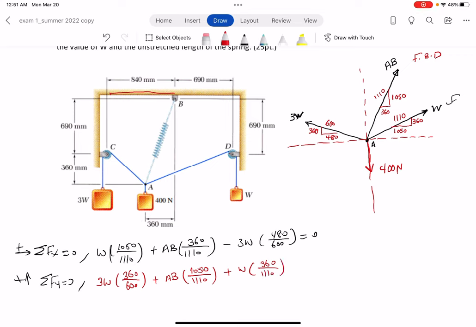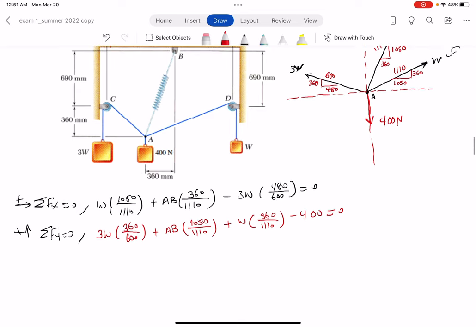Now all of them are positive, and this minus 400 is equal to 0. That's equation number 2. Okay, we have 2 equations and 2 unknowns. You can plug them in your calculator.